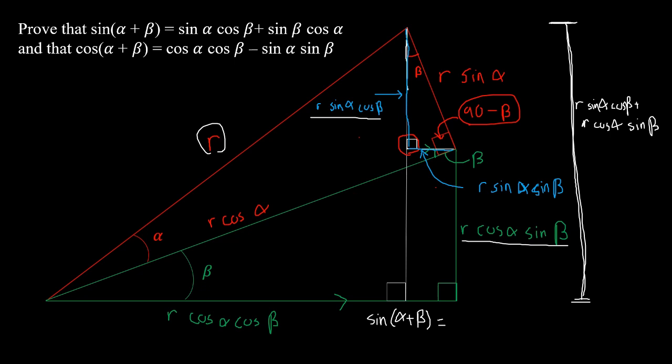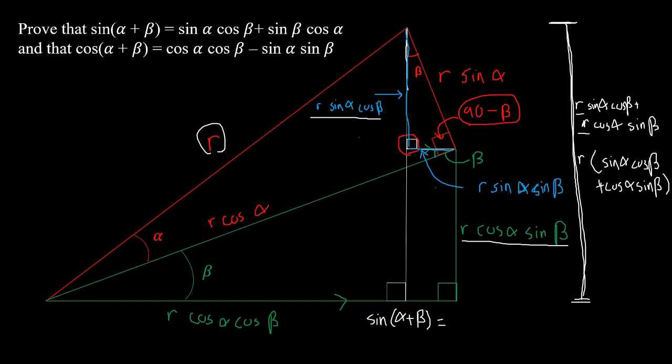And notice how there's also an r as a common term in this line segment, so we can factor it out as r sine alpha cosine beta plus cosine alpha sine beta.